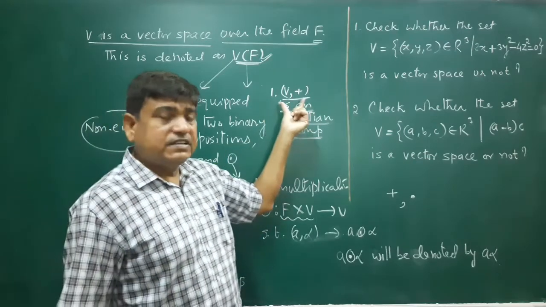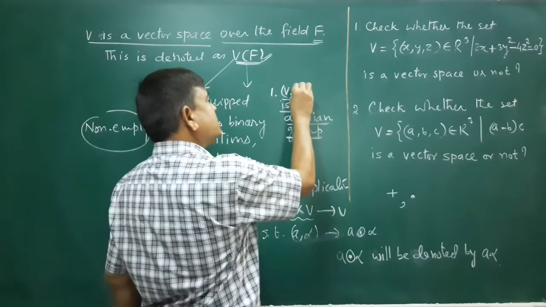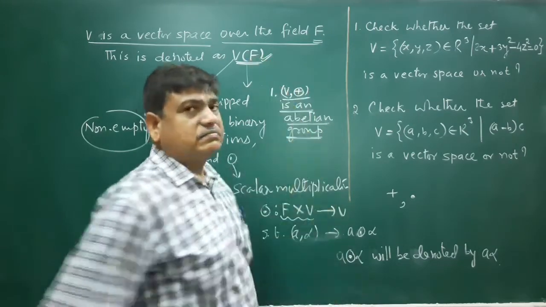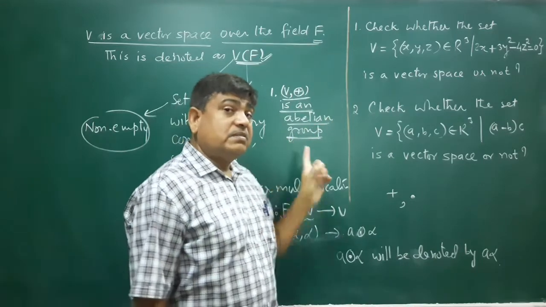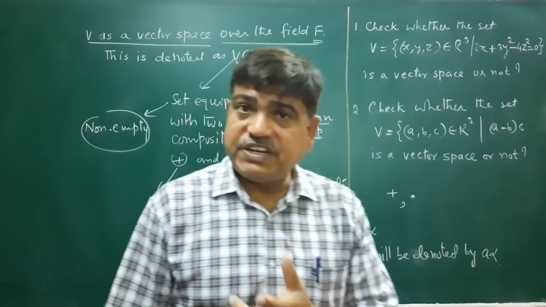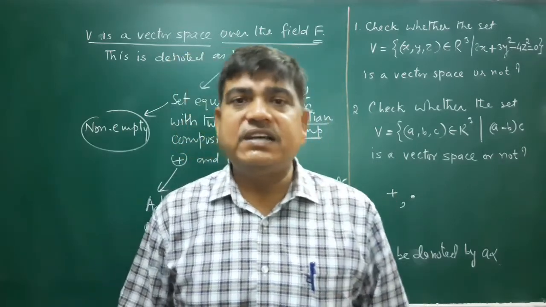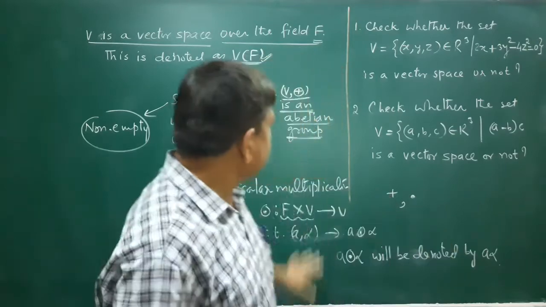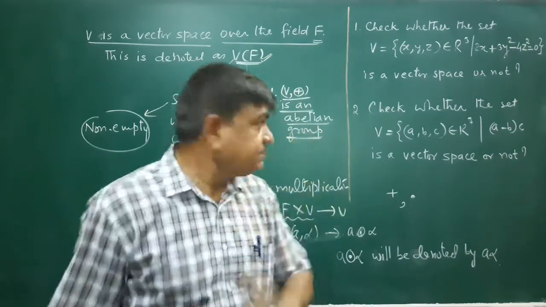First one is this. This must be an abelian group with respect to this composition. Abelian group means 5 properties: closure, associativity, commutativity, existence of identity, and existence of inverse.